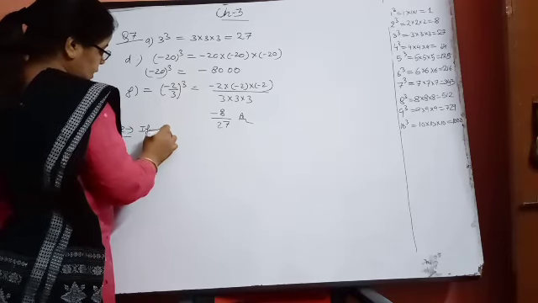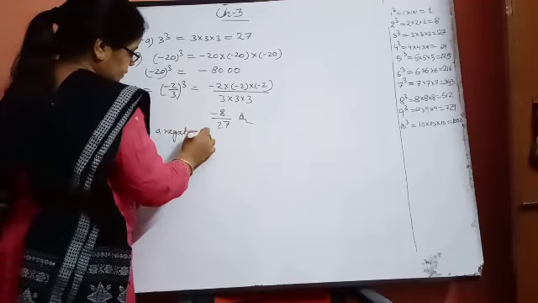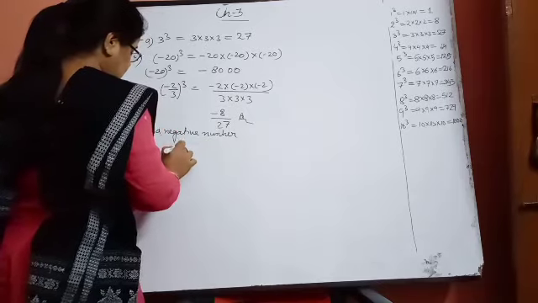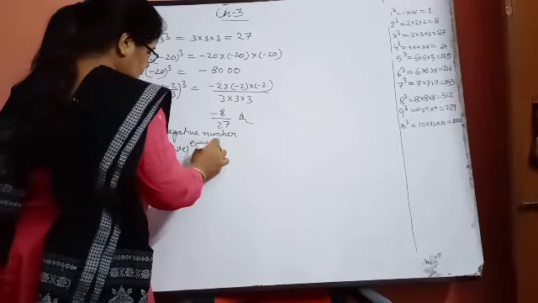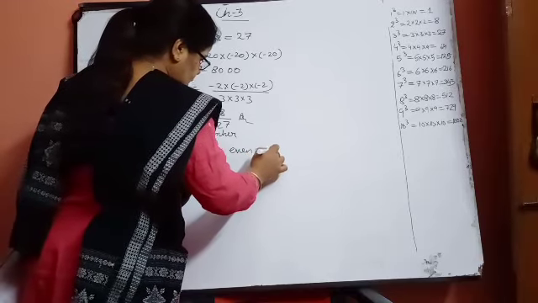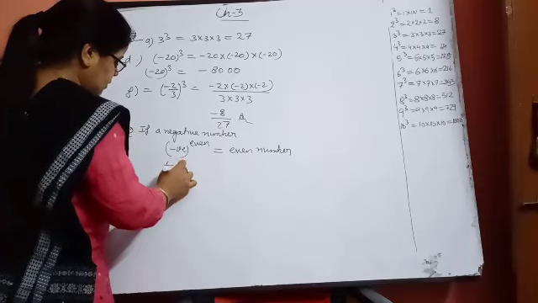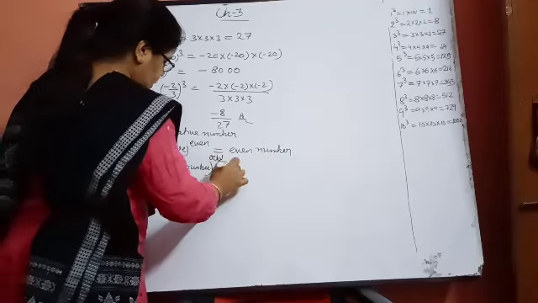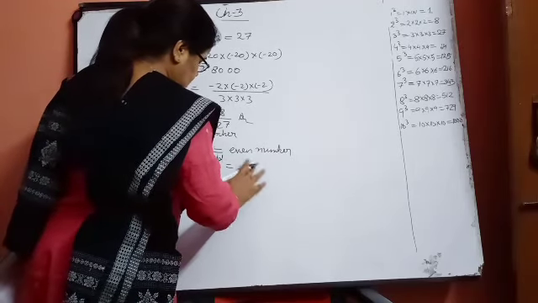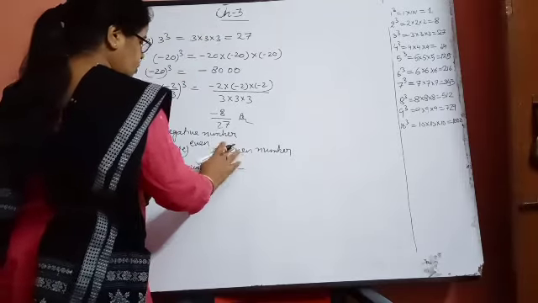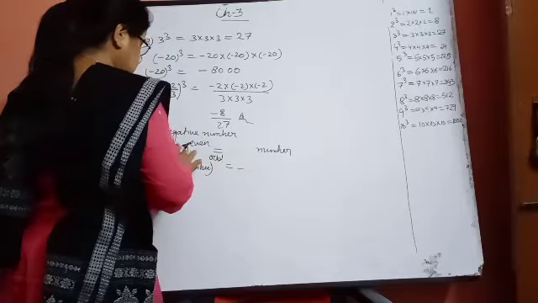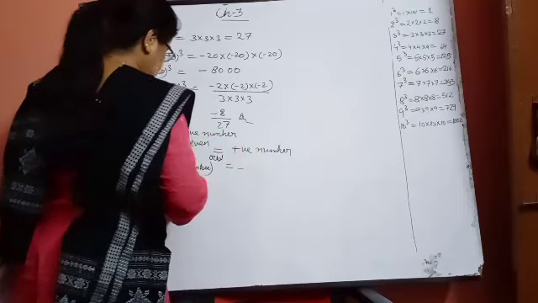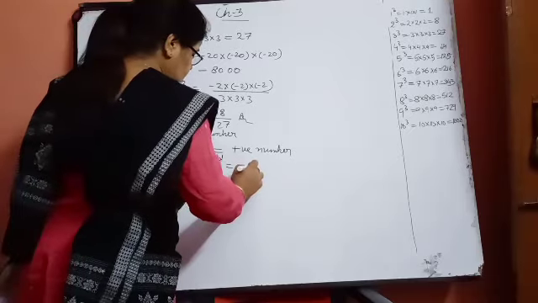If a negative number has an even power, the answer will be a positive number. If a negative number has an odd power, the answer will be a negative number.